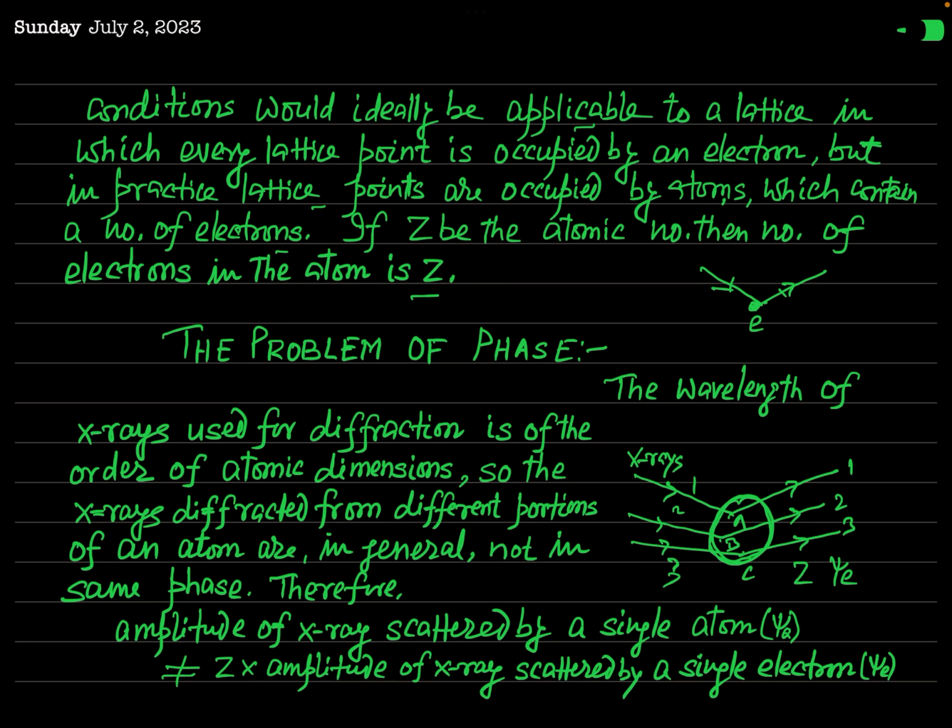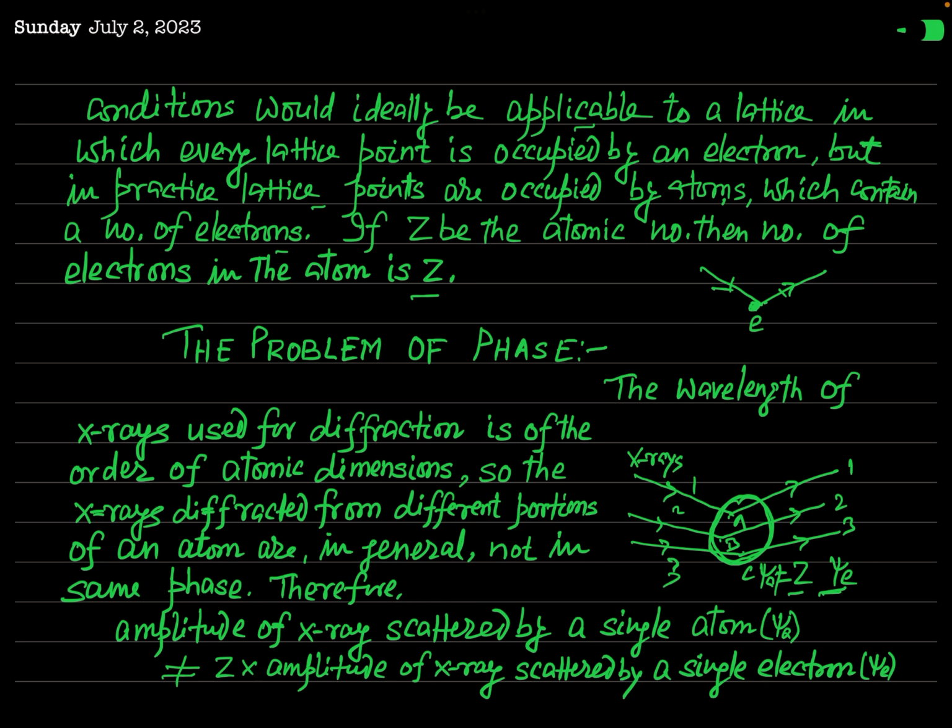Then the amplitude of the X-ray scattered from the atom in general is not equal to Z times psi e, where Z is the total number of electrons and psi e is the amplitude of the scattered X-ray beam from an electron.